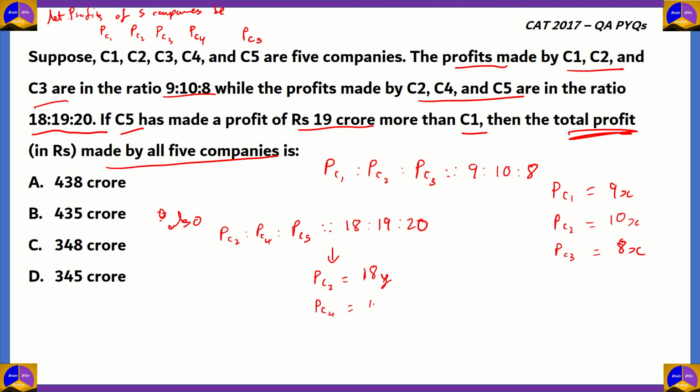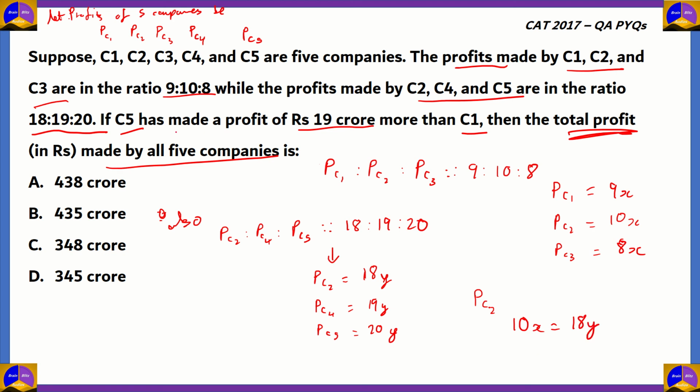P of C4 is 19y, and P of C5 is 20y. Now, from both proportions, we can see that the value of P of C2 is expressed in two different terms. So P of C2 is given as 10x and 18y. So therefore, 10x will be equal to 18y.